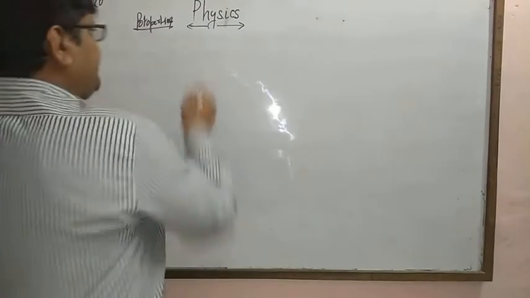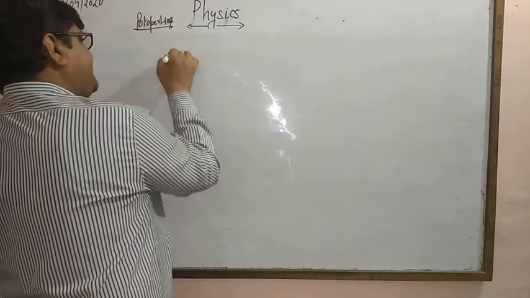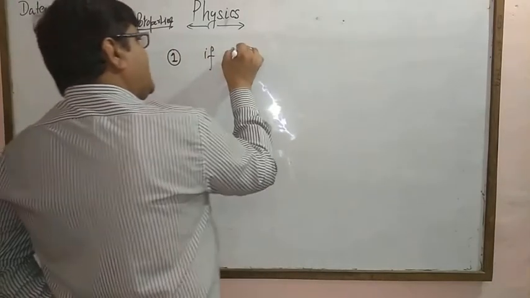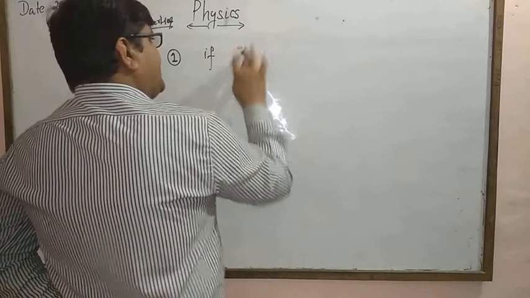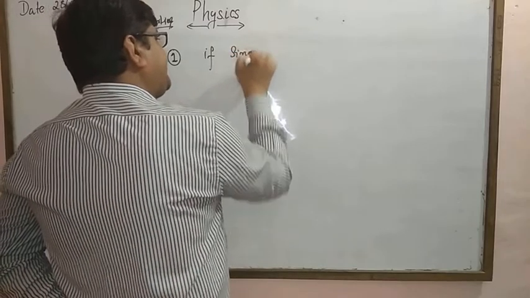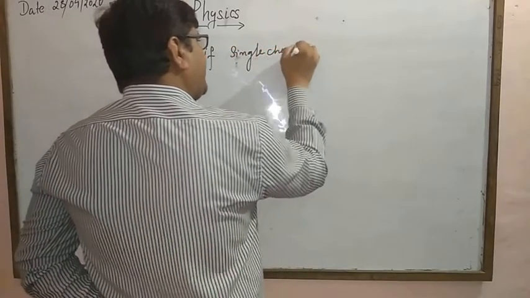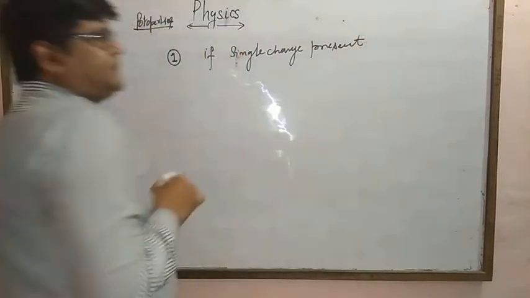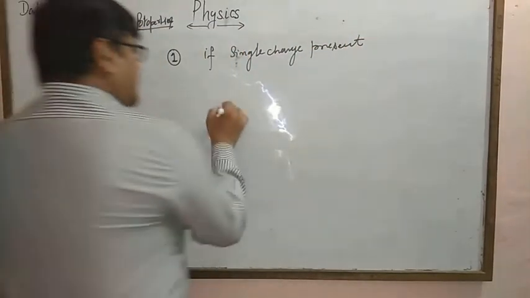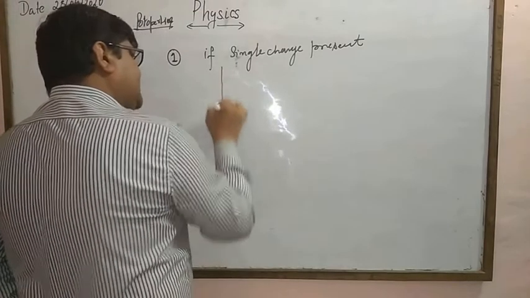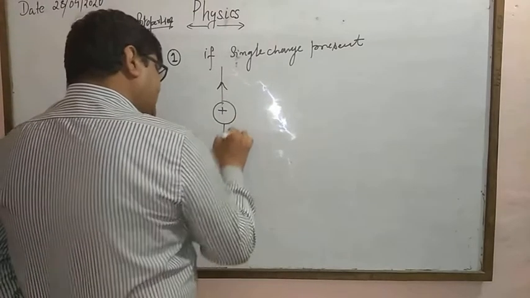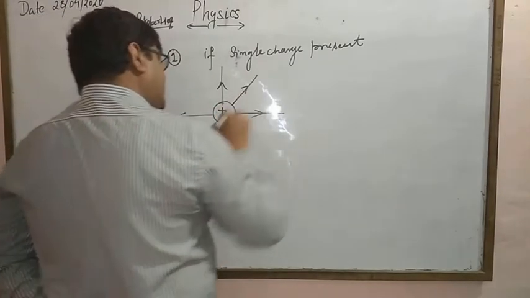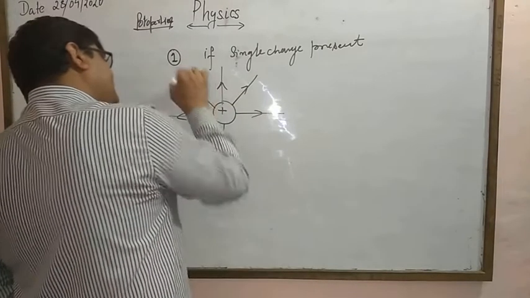Some figures. First one: if only a single charge is present, the lines are always perpendicular outward, radially outward.